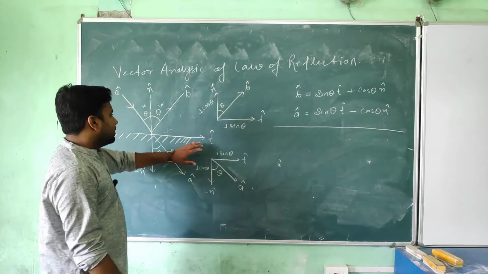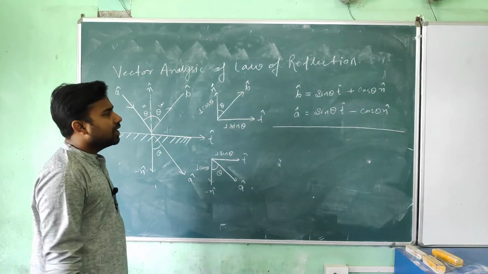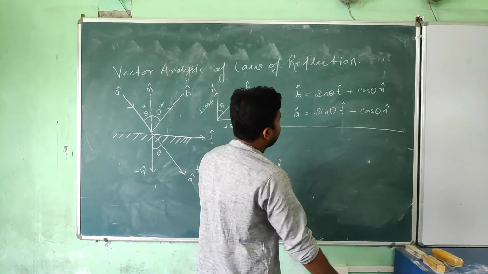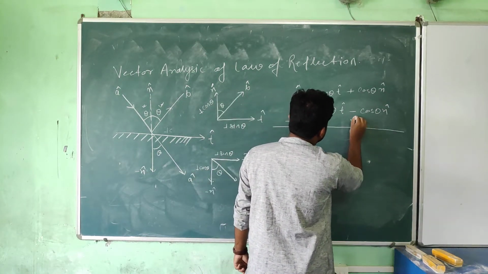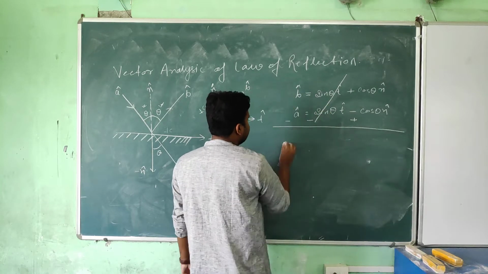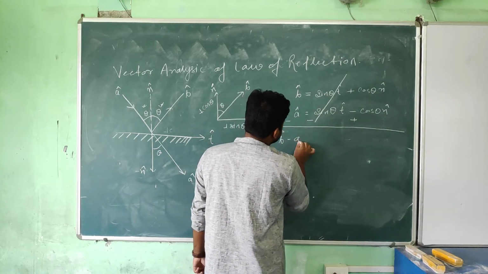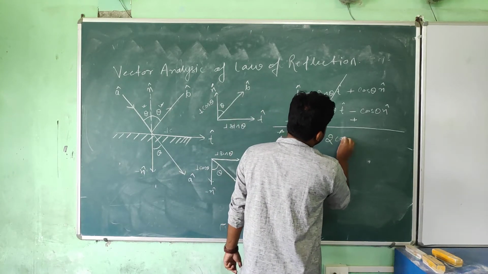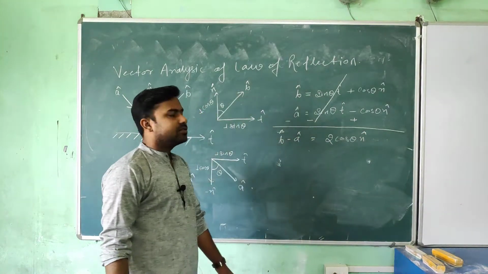But this T and theta are unwanted or unknown for us, so now we want to remove them. How can you remove them? If you subtract, is it or not? This sin theta T cap term will cancel out and here you will get B cap minus A cap is equal to 2 cos theta N cap. Is it or not student?